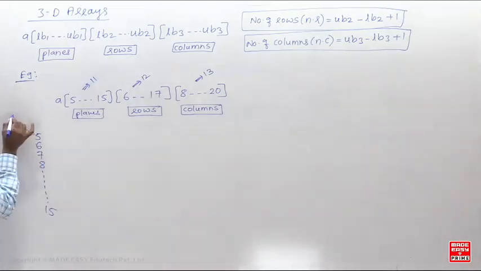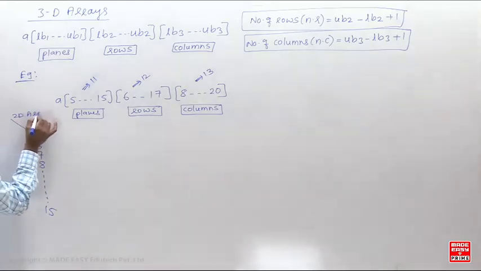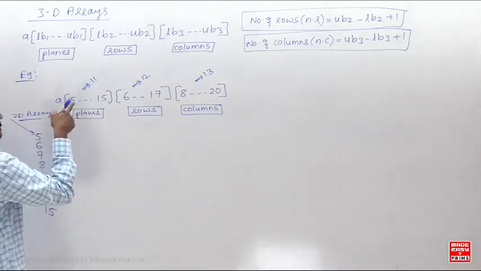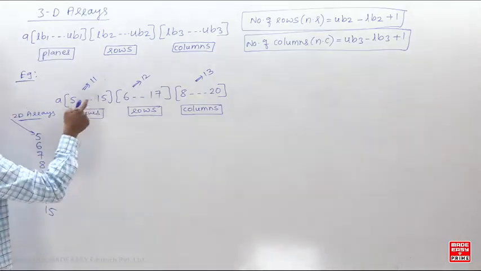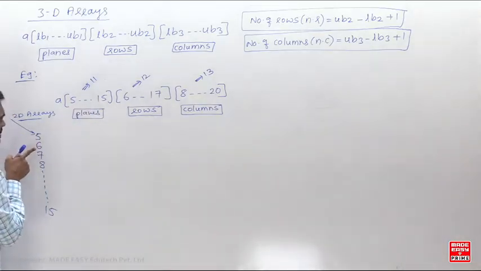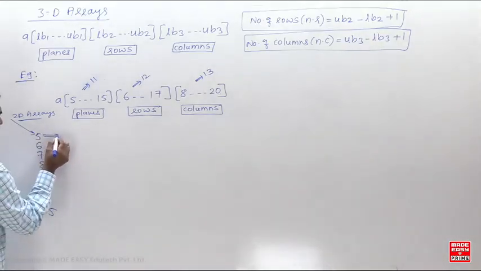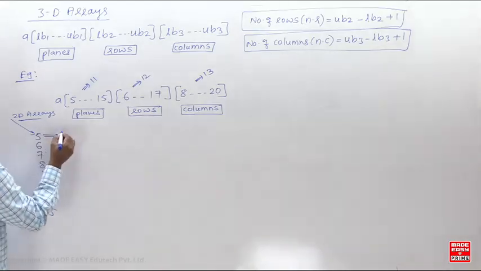So these are the 2D arrays. Numbering starts from 5 to 15. So the 5th 2D array, 6th 2D array, 7th 2D array, 8th 2D array. Understand carefully. So how much size does this 2D array have? How many elements?